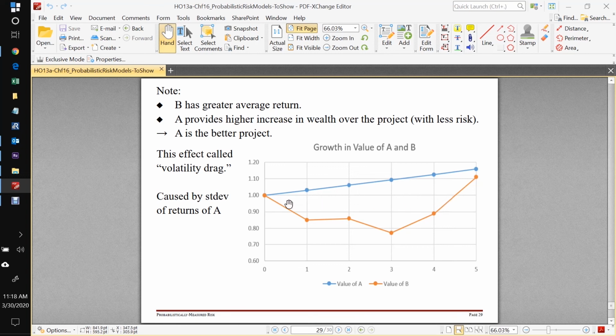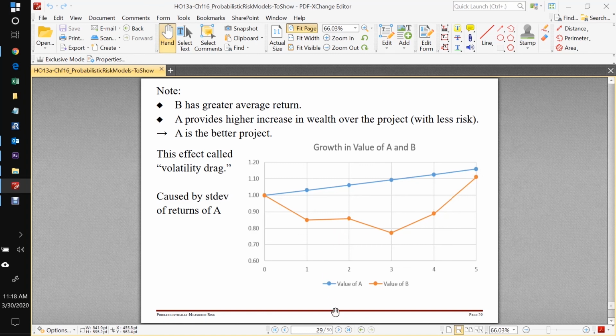So you can see here that for A, even though its average annual return is less, because it's so consistent, we wind up with a bigger pile of money because we had a down year our first year for B, and then a pretty much flat year, another down year. And even though we had two very strong up years at the end, it couldn't pull our total amount of money back up to be equal to A.